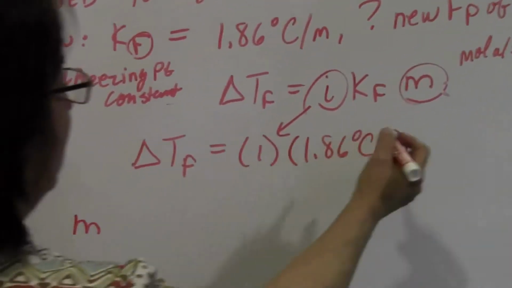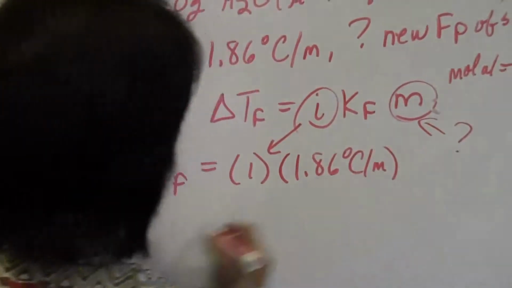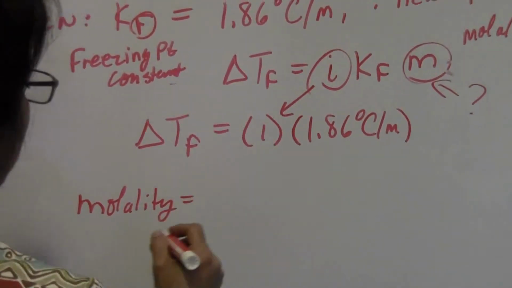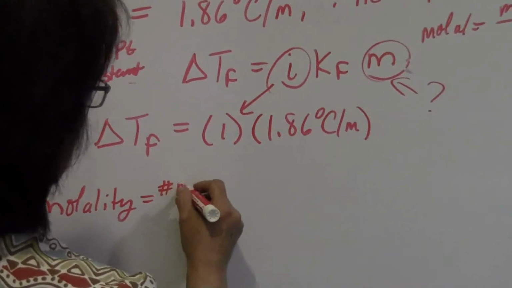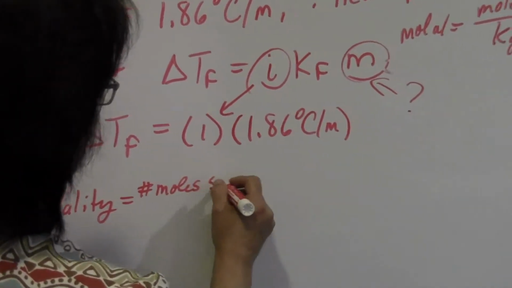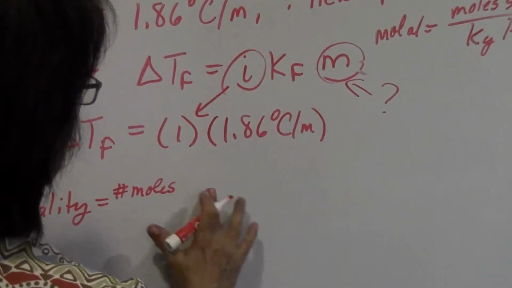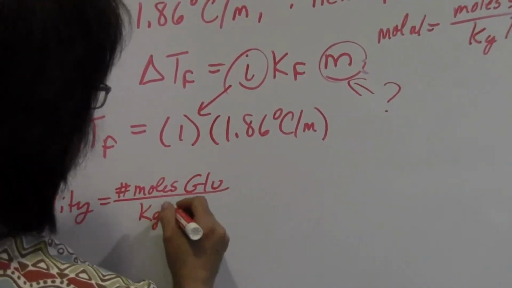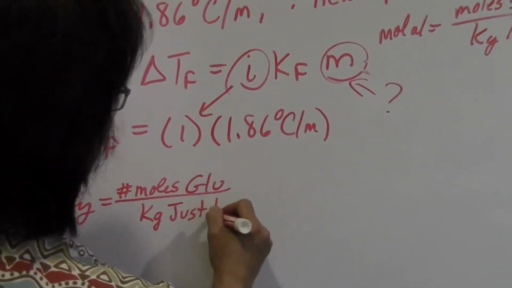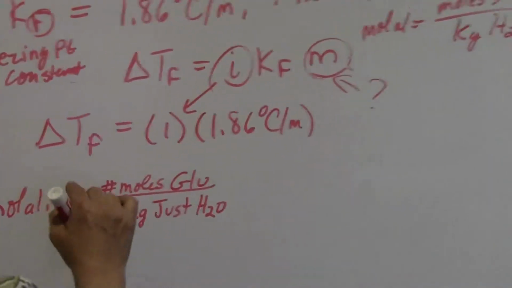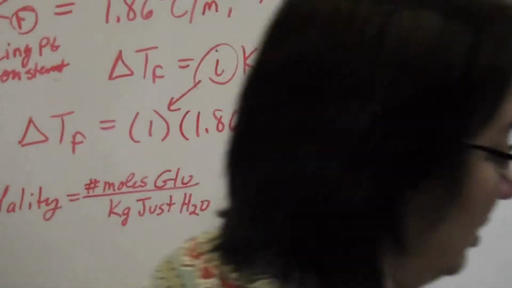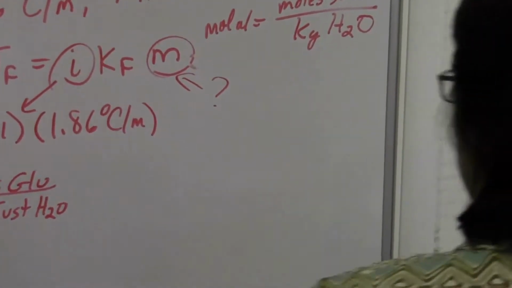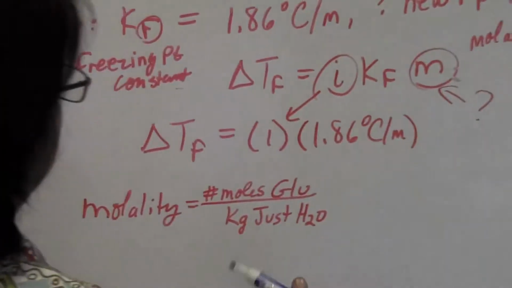So let's calculate molality. You'll remember from when we talked about concentration that molality equals moles of solute, in this case glucose, per kilograms of just water. Did they give us moles of glucose? No. Because we chemistry teachers like to make your lives a little bit more miserable than when you came in.